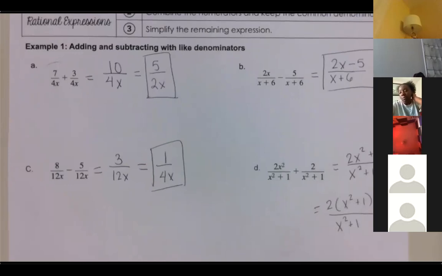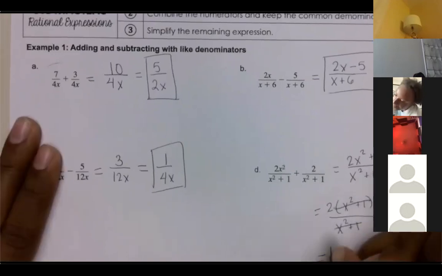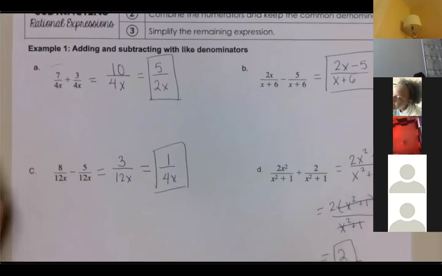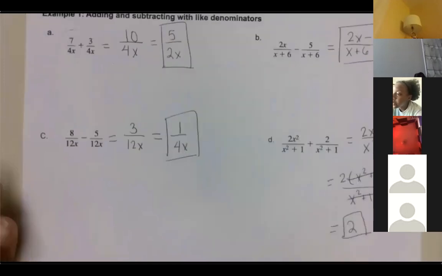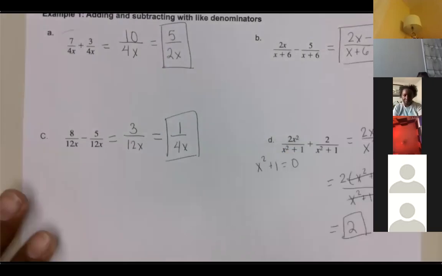All right, can I cancel anything out? What do you think, Dion? X squared plus 1. Good, so you can cancel out x squared plus 1, which means all you're left with is 2. Remember, anytime you cancel anything out, you just want to make sure that you take care of the restriction. So whatever you canceled out, in this case it's x squared plus 1, set it equal to 0 and solve.